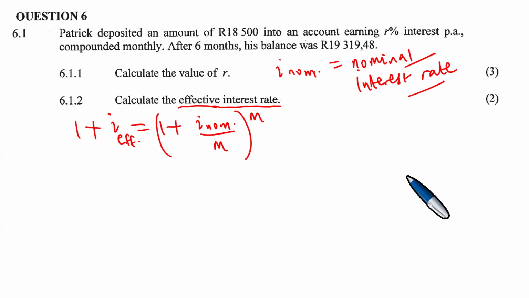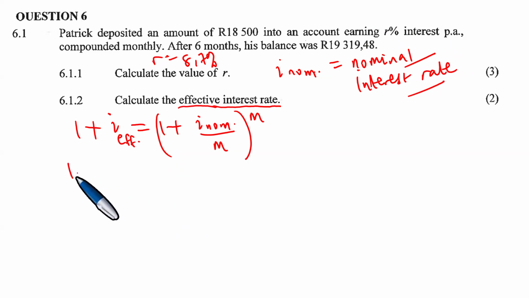There are a couple of things we already know. You already know the value of R, which here is 8.7%, the interest rate, R percent per annum compounded monthly.